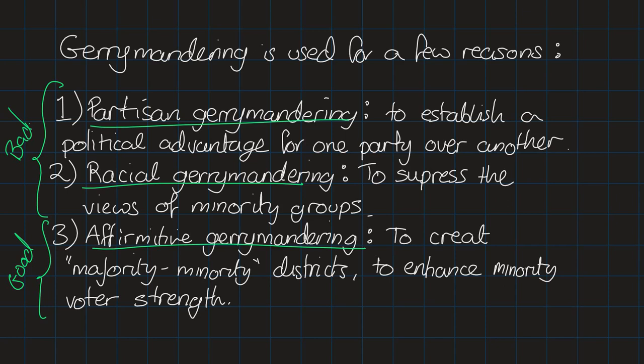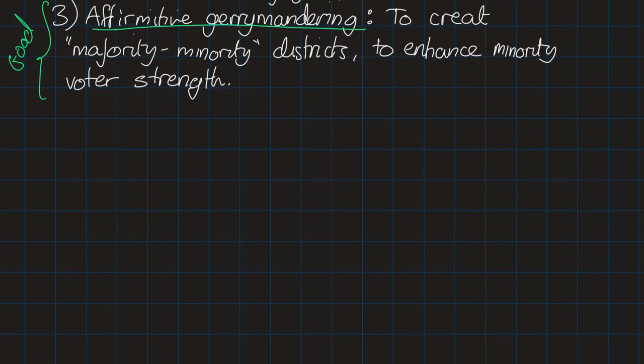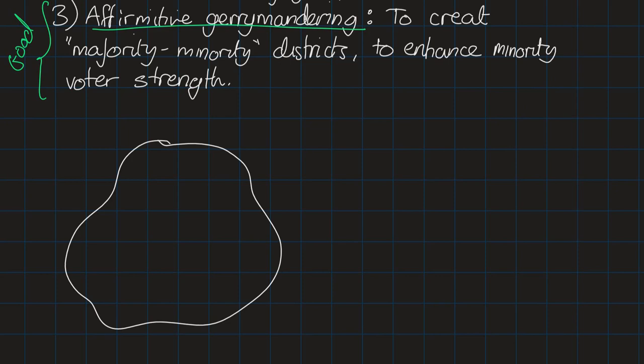Okay? So the picture is something like this. So imagine this is a map of your state or whatever, and for some reason or another, there is a region within your state which is heavily minority. Whatever minority you want, there's a region within your state which is heavily minority. Well, affirmative gerrymandering would try to make it so that this group of people have someone elected.